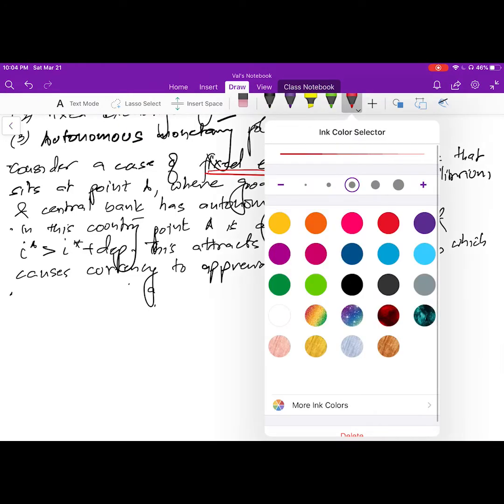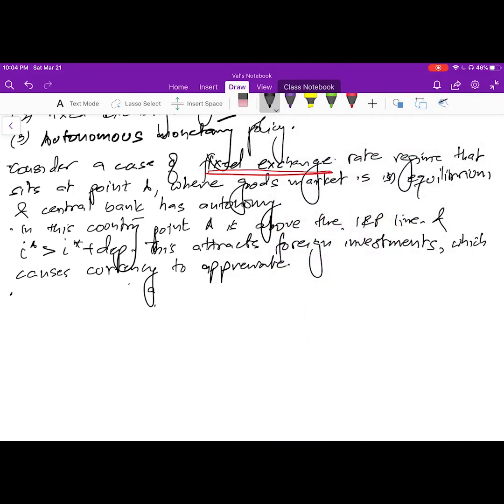So you cannot let the currency appreciate in this economy. So what options does the central bank in this economy have, since it is committed to maintaining fixed exchange rates, right? So the central bank has no choice but to respond.